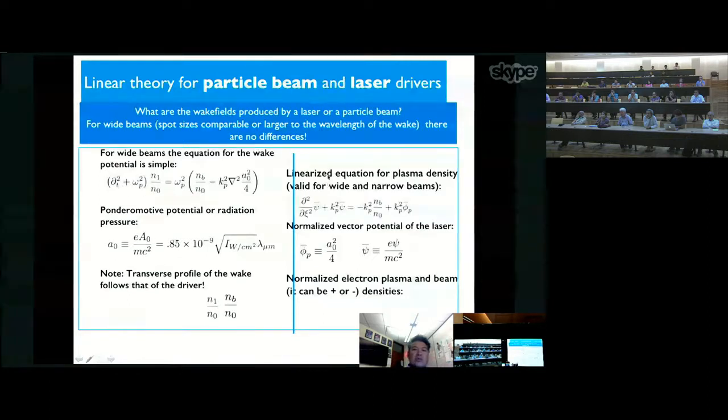So you can rewrite this in terms of the wake potential, psi, and that's what I've done here, because I told you that all the forces on a particle beam are in terms of psi. The important thing to realize too is that in this regime, regardless of whether the particle beam is a positron or electron, this equation simply holds. You just replace the sign of the charge here.